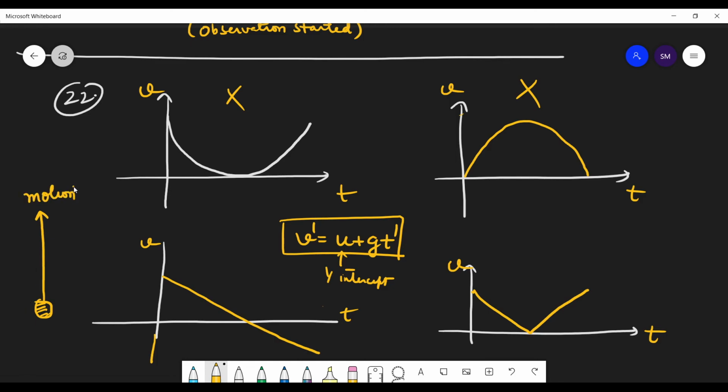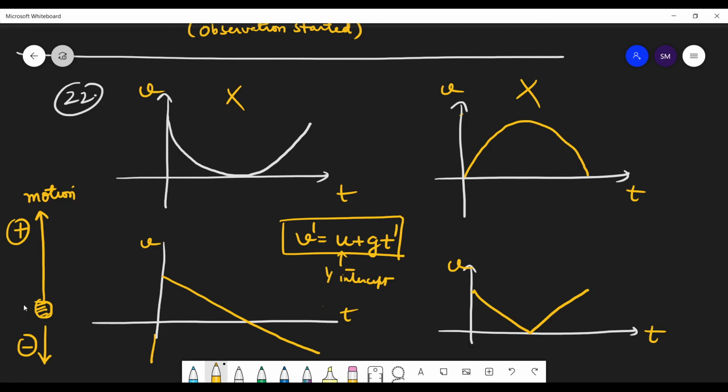I told you to take the direction of motion as positive. So the direction opposite to it is the negative direction. Always take the direction of motion as positive.